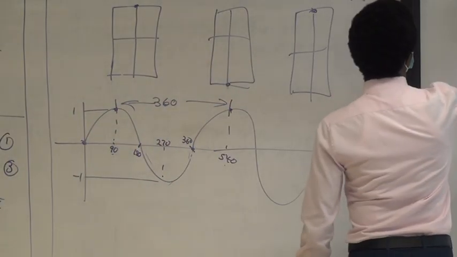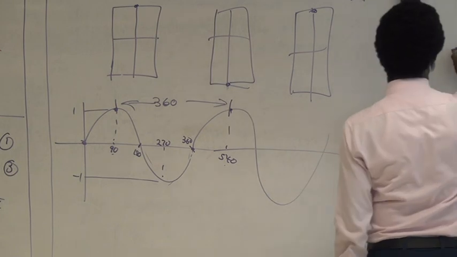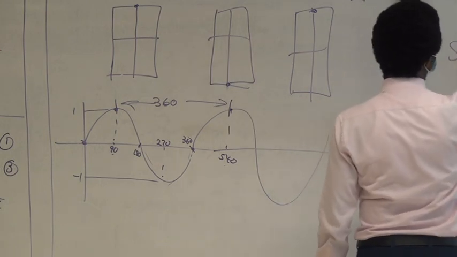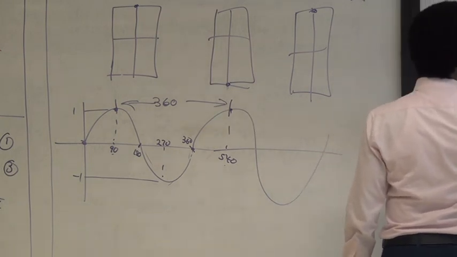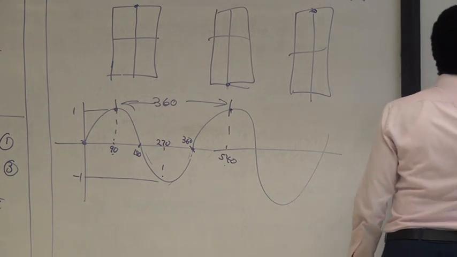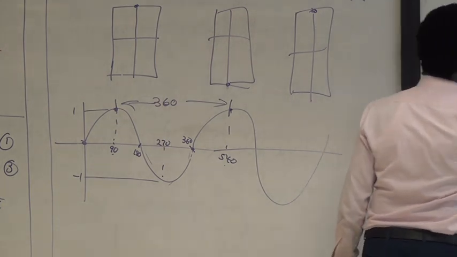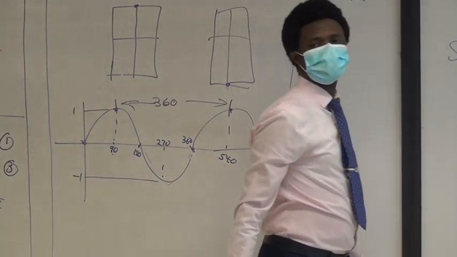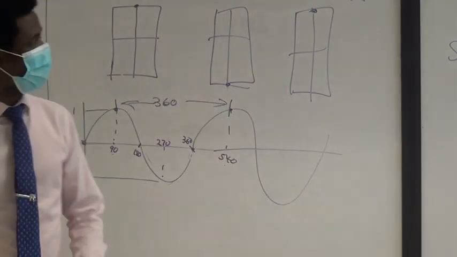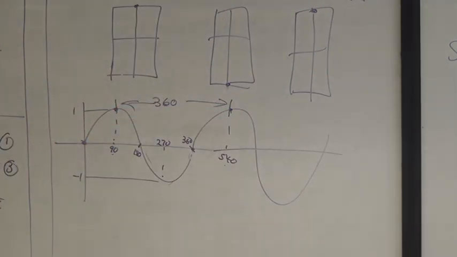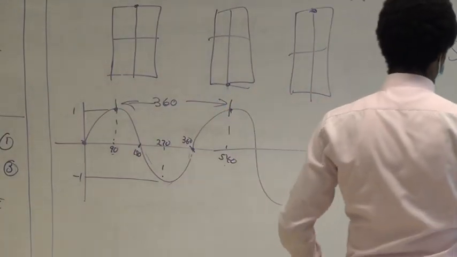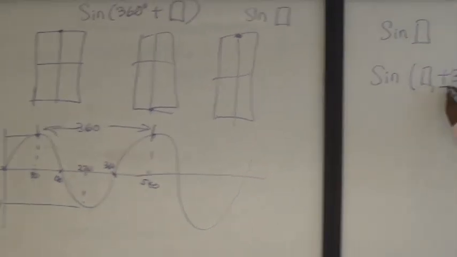Check sine of that number, then check sine of that number plus 360 times any number again. This is number 1, this is number 2. They don't have to be the same. So a multiple of 360, let's see. Do you get the same thing or not? Yes? Okay, one more. Change this to minus.